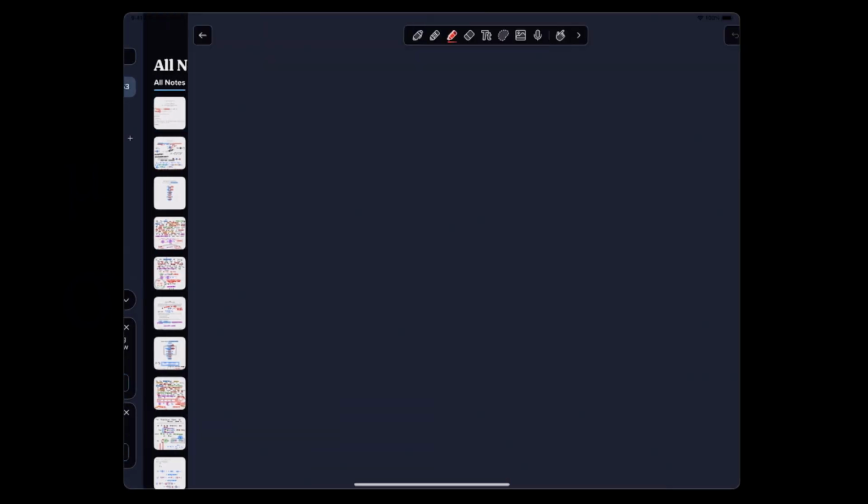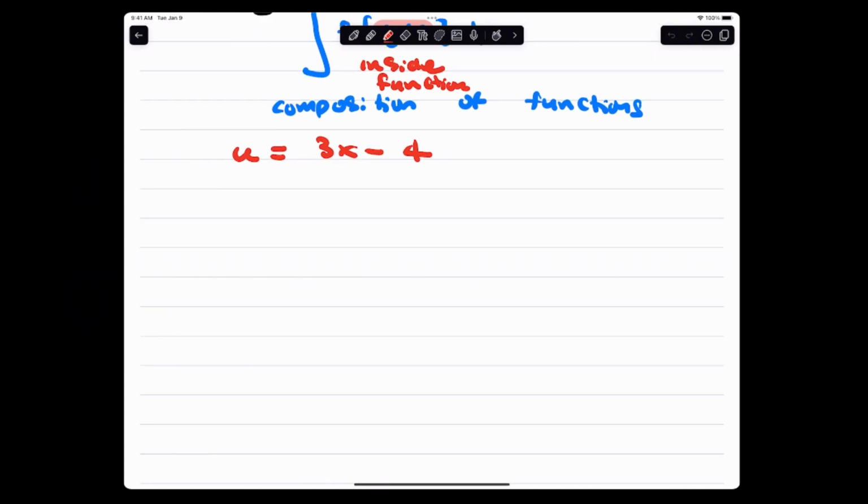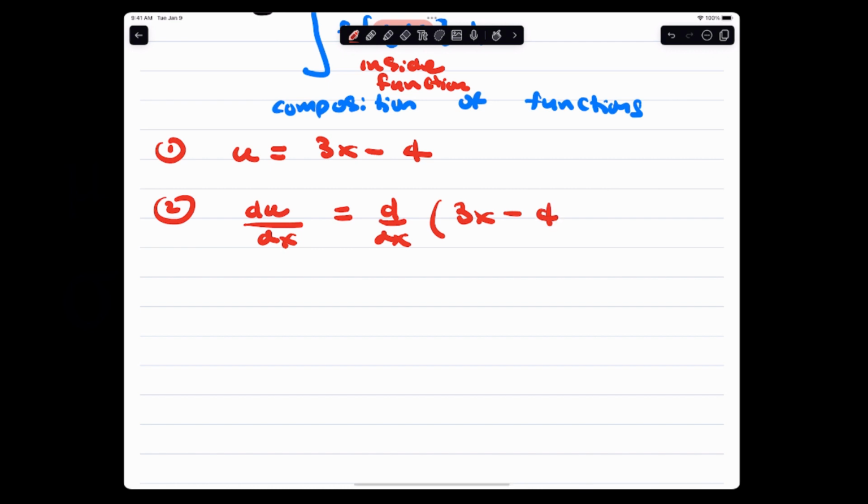Here's step 1, here's step 2. du dx: you differentiate u with respect to x.